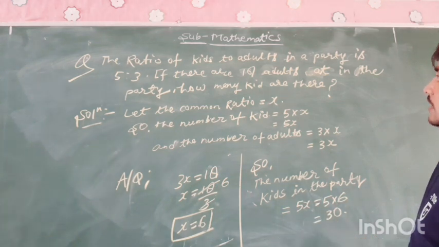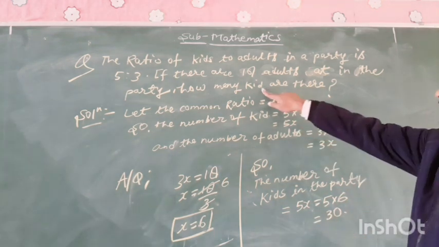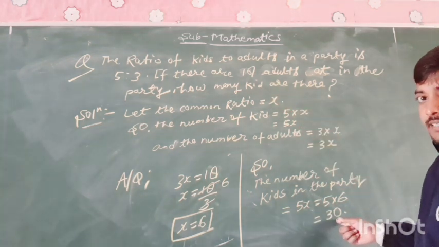So the number of kids in the party is 30.